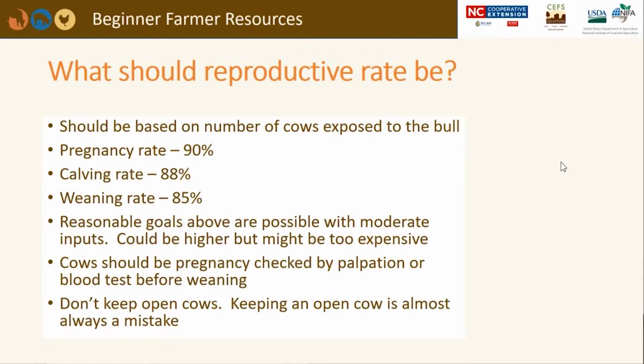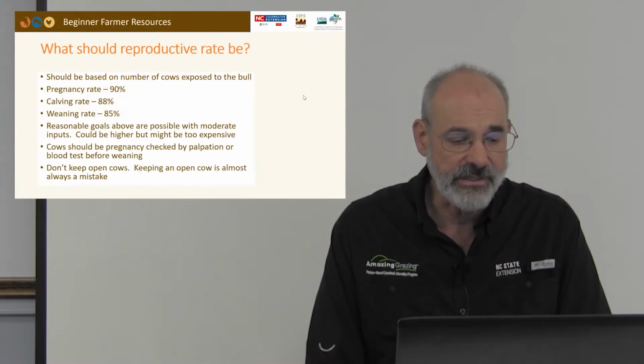And so you have to be a little bit cautious not to spend too much to try to get every single cow bred. This will allow us to cull cows that don't have good reproductive efficiency, and that will make room for younger cows that will be better than them in those characteristics. We don't want to keep an open cow ever, and I indicated that we should be pregnancy checking by palpation or possibly by blood testing.